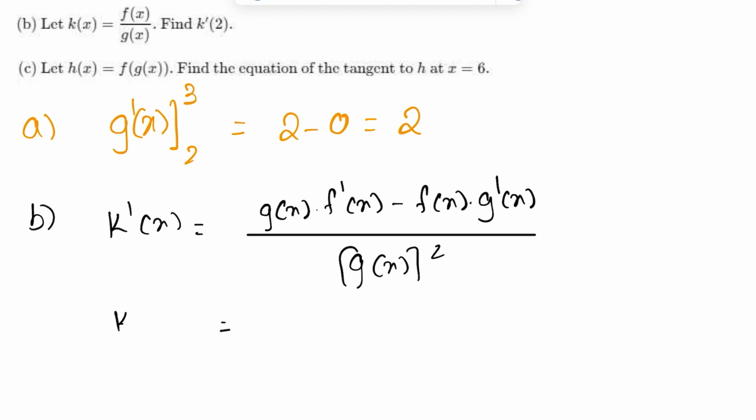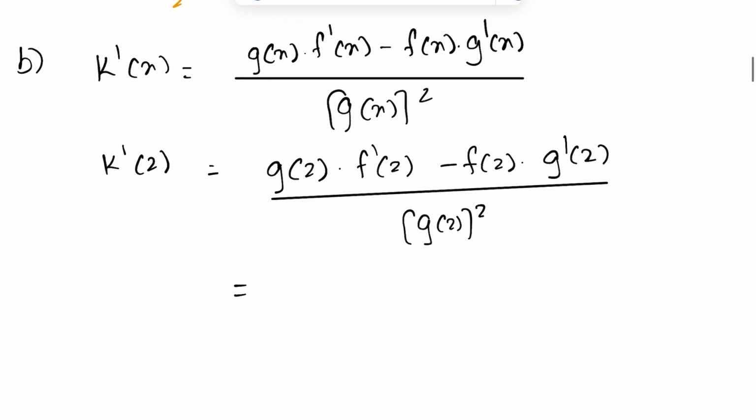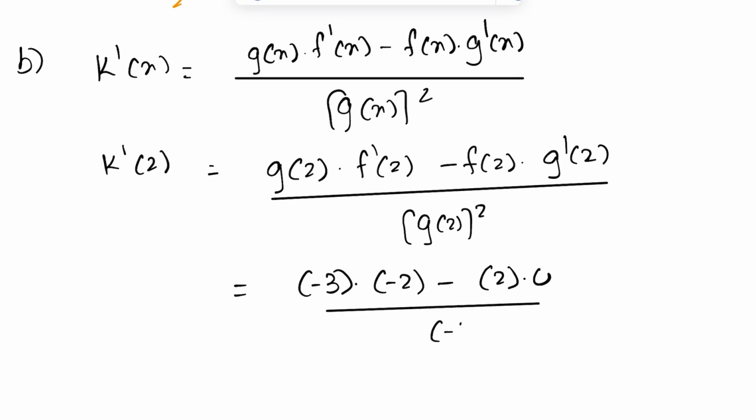I want k prime of 2, so it becomes g of 2 times f prime of 2 minus f of 2 times g prime of 2, divided by g of 2 whole squared. Plug in the values: negative 3 times negative 2 minus 2 times 0, divided by negative 3 whole squared. Simplify that and you get 2/3.